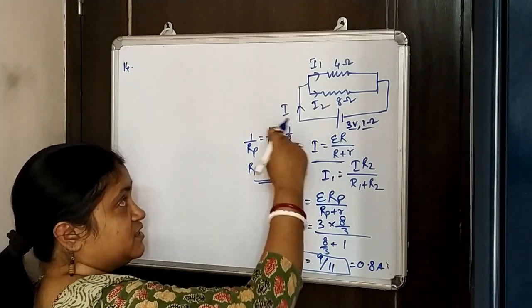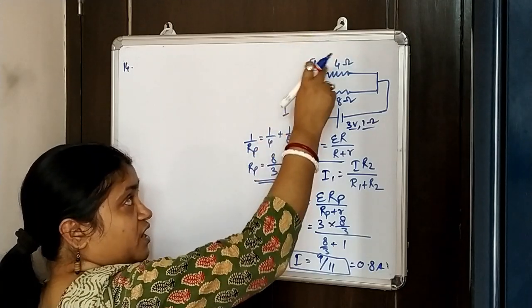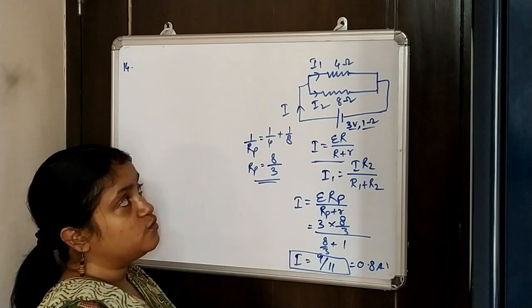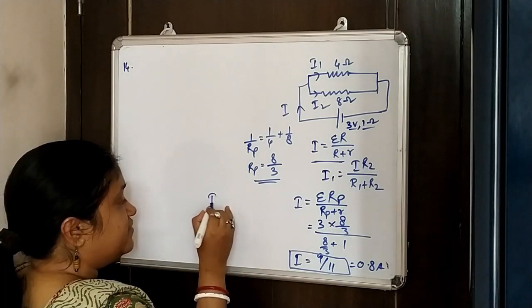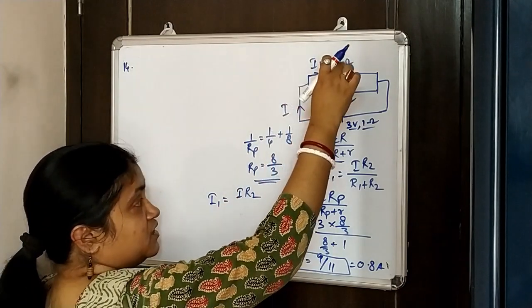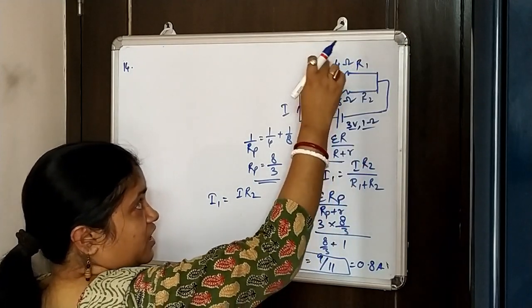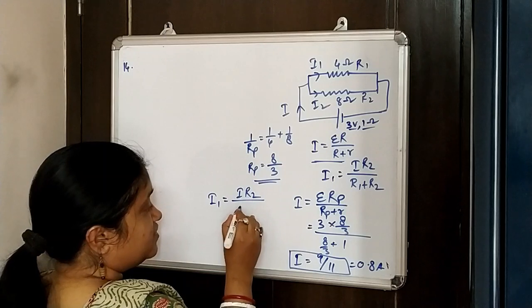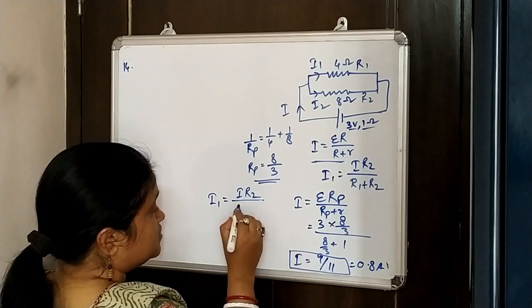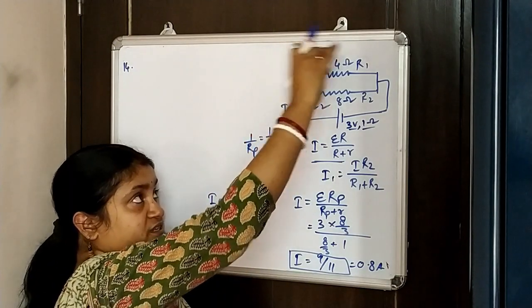Now this current is getting divided into I1 and I2, and we need to find what is the current I1 and what is the current I2. I1 is equal to I into R2 divided by R1 plus R2. If this is R1, this is R2, this is the amount of current that is flowing.